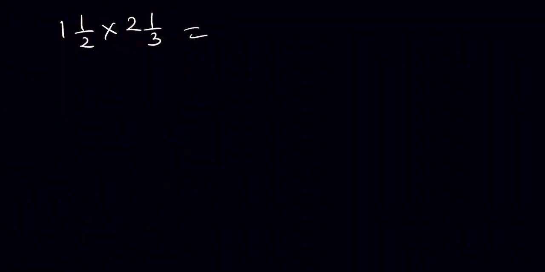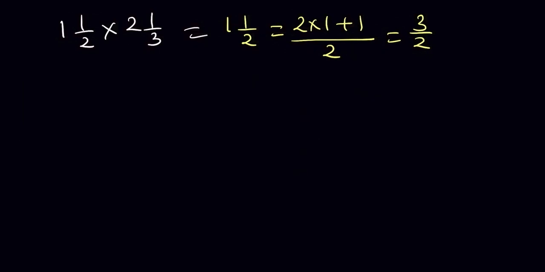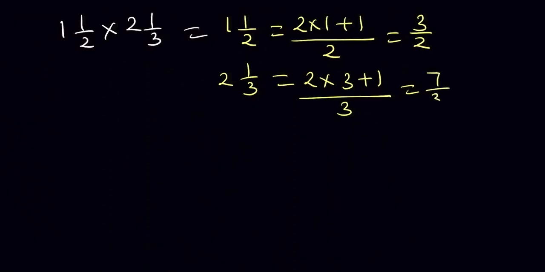I will take the first mixed fraction, 1 1 by 2, equal to 2 into 1 plus 1 by 2, which is equal to 3 by 2. Let me take the second one. 2 1 by 3 equals 2 into 3 plus 1 by 3, equal to 7 by 3.